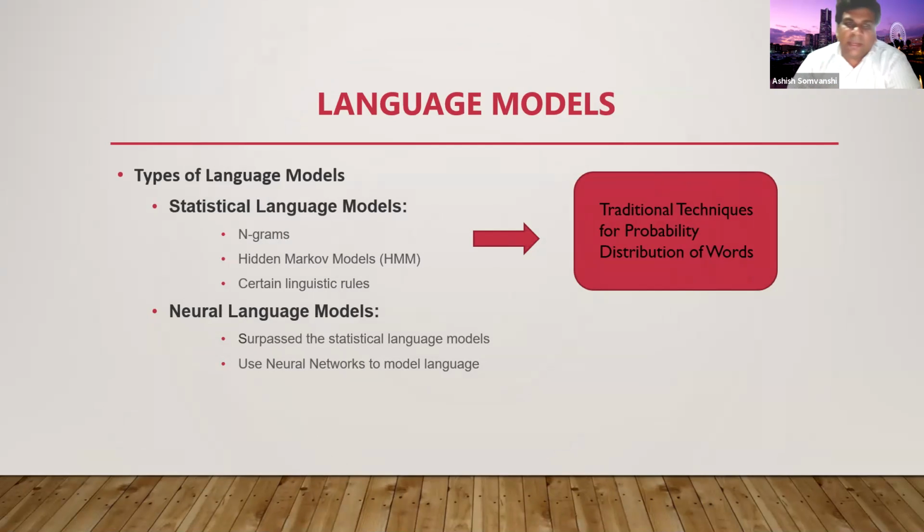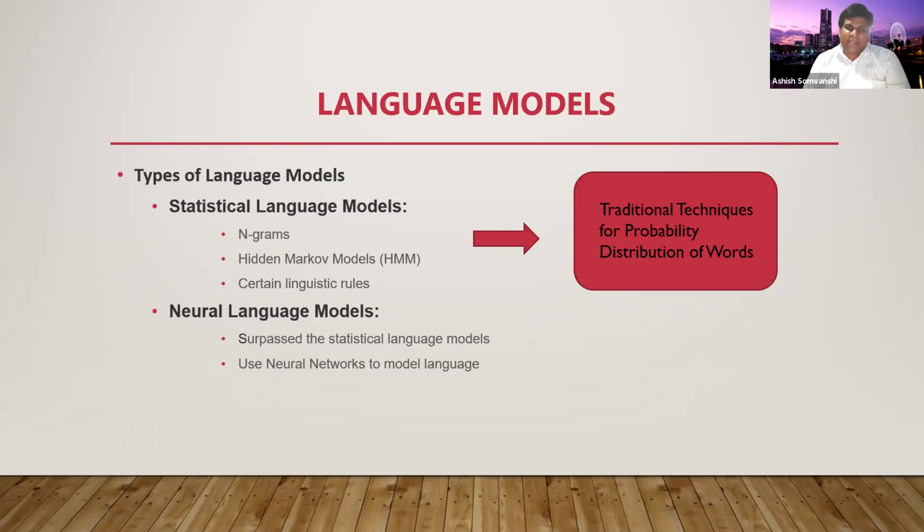That's why the name hidden. This brought more intelligence to the system. Then scientists tried to combine it with certain linguistic rules and n-grams. They tried a variety of things, but it was not bringing the volume.